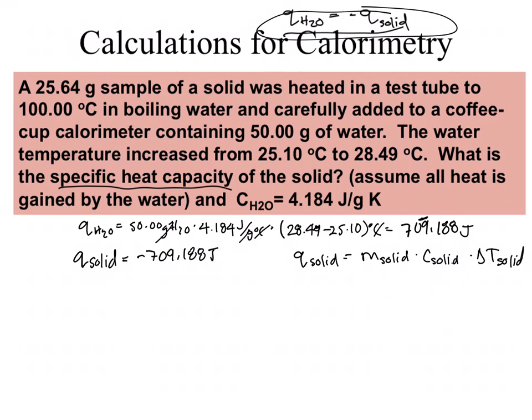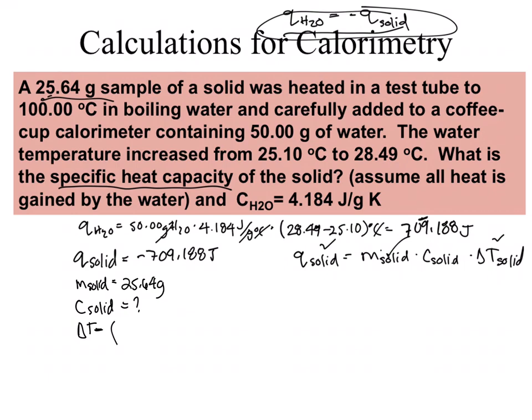So the variables that I'm able to determine, obviously I know Q, they've provided us with our mass, and delta T can be calculated from the information provided above. So the Q of our solid is provided here, the mass of our solid is 25.64 grams, as it says in the problem above. Our C of our solid is what we don't know, we're trying to figure out. And our change in temperature of our solid can be calculated from the information provided.